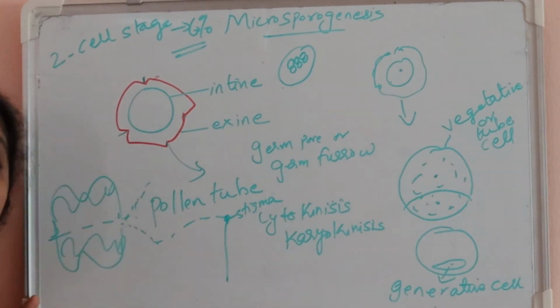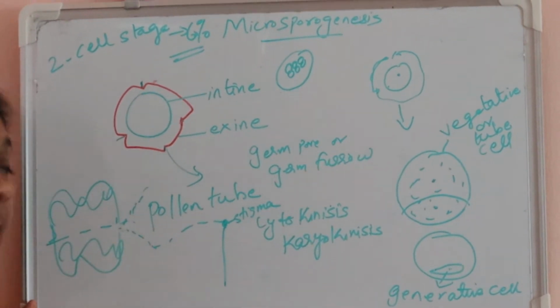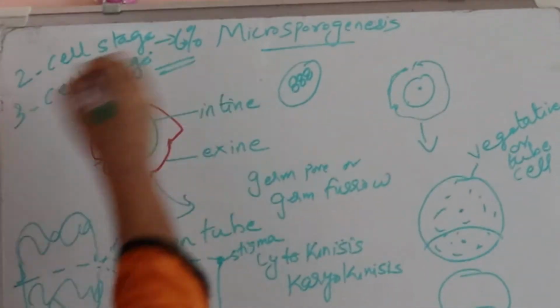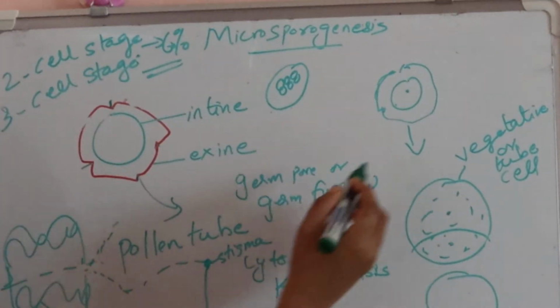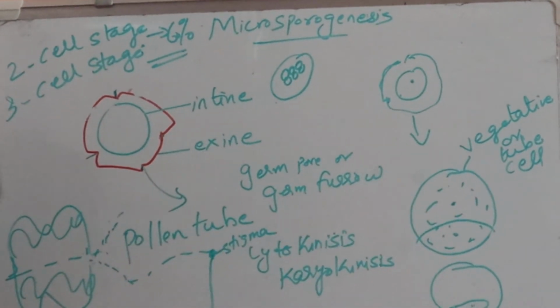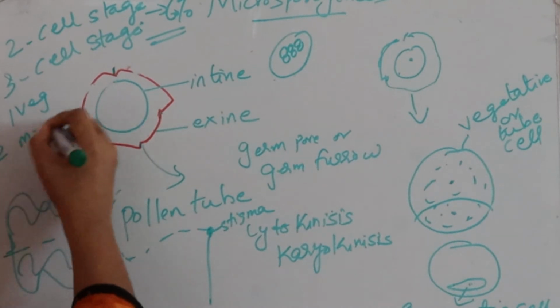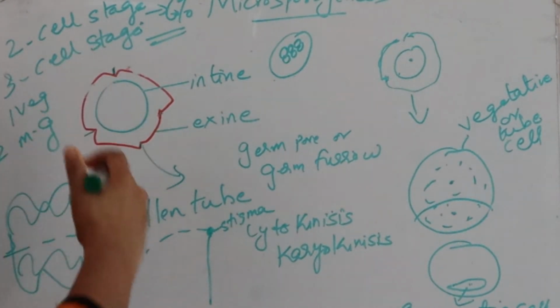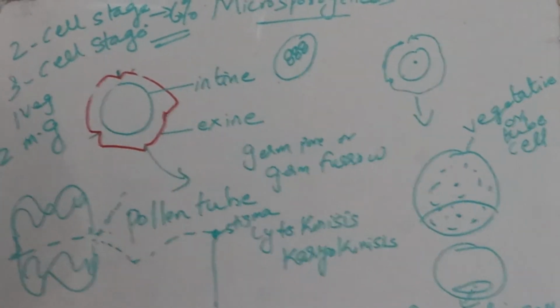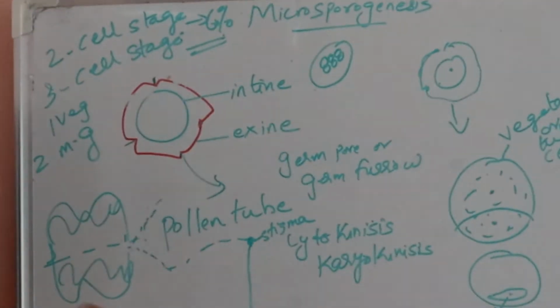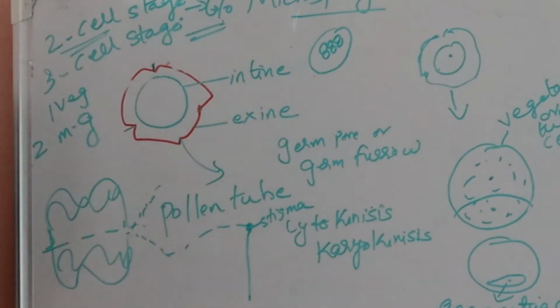In another 30% it occurs at the three-celled stage, where one vegetative cell and two male gametes are formed. That is the remaining portion. The majority, the 60%, is very important: in the majority of angiosperms it occurs at the two-celled stage.